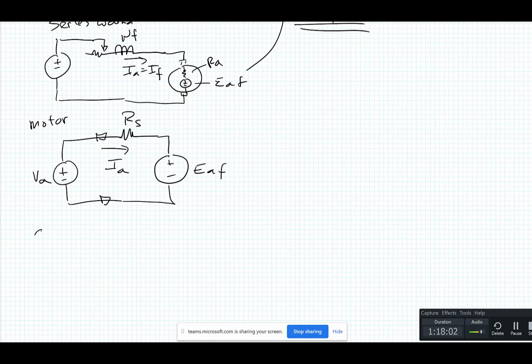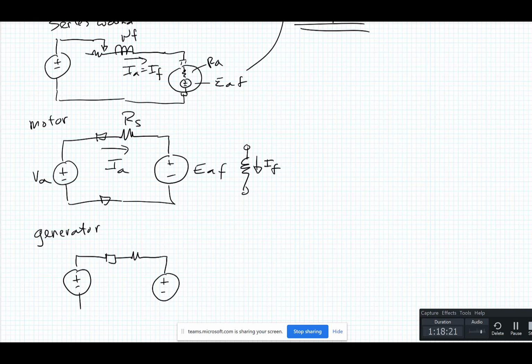If I had a generator, just like we did with the synchronous machine, we just flip the direction of the current. The current goes the other direction. And we have to remember that we have a field with the current going through it here, unless we're a permanent magnet machine.